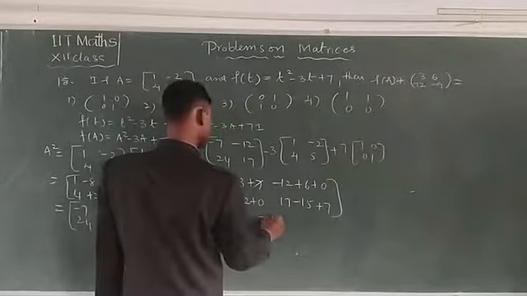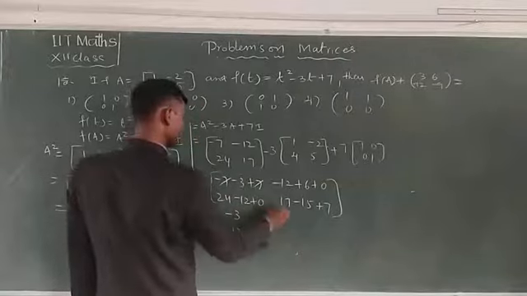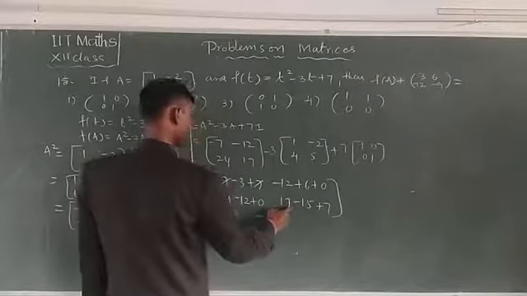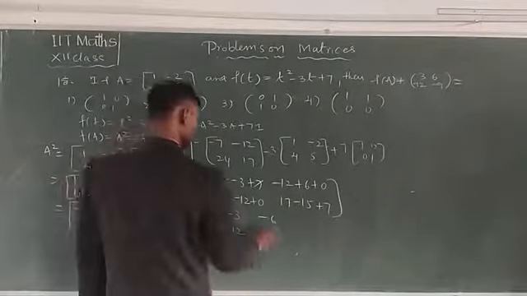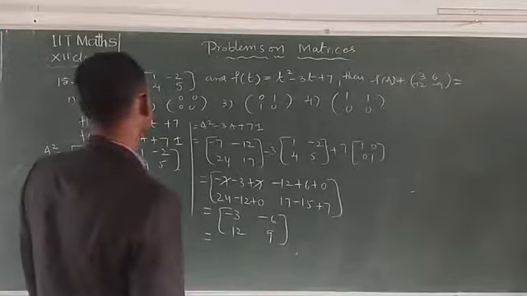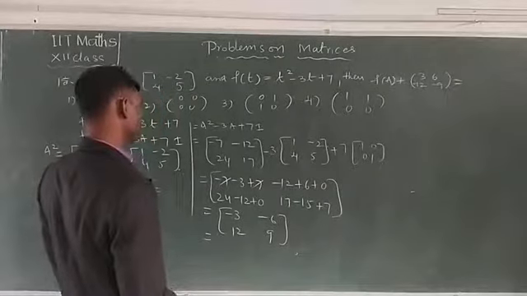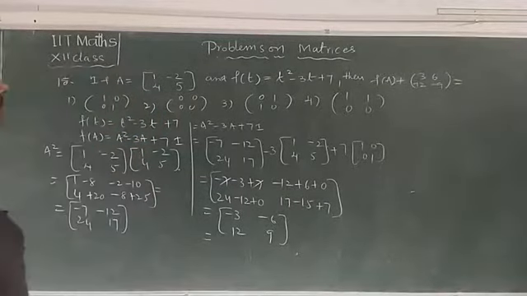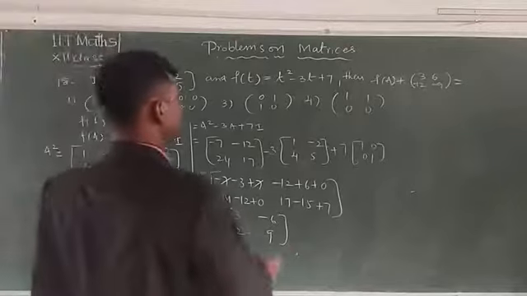Yes, this is minus 6 and this is 12 and this is 17 minus 15, 24 minus 15 is 9. Then you have to take common, any number is possible. Actually, here we have to add this one also.